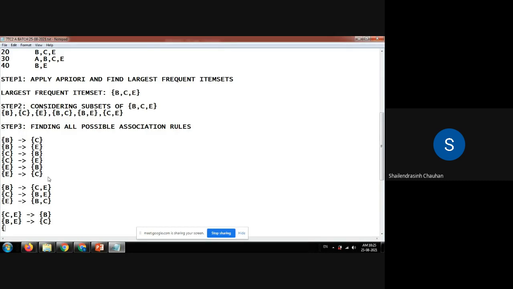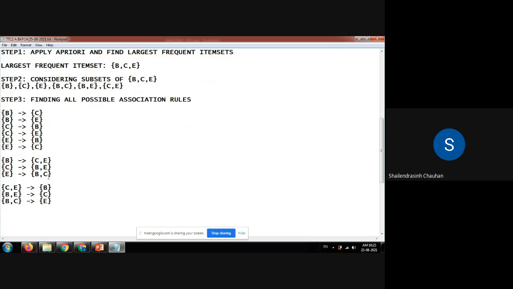That is the combination of 1 on the left, 2 on the right, and 2 on the left, 1 on the right. Now 2 on both sides.